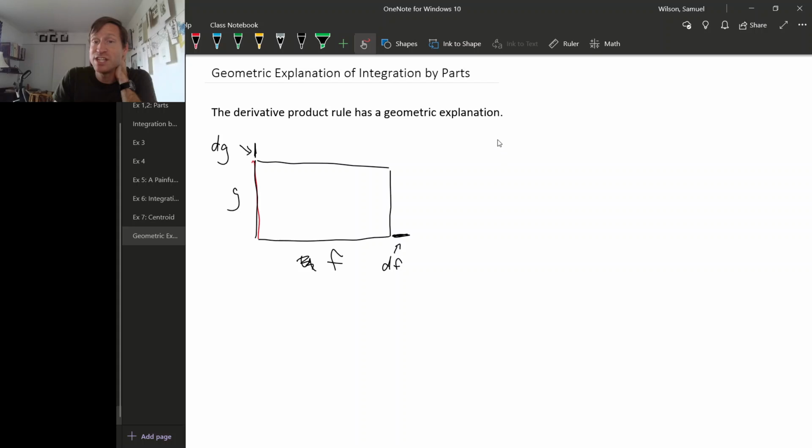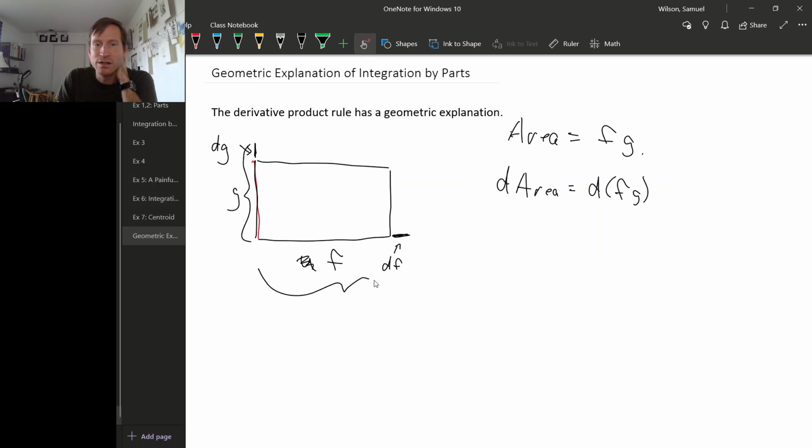So what about the change in the area? The area in this situation is f times g. So the change in the area, which we should call d area, is... let's see what the change in area is. If we find the area represented by the product of these two extended lengths, we have to make our box a little bigger here.